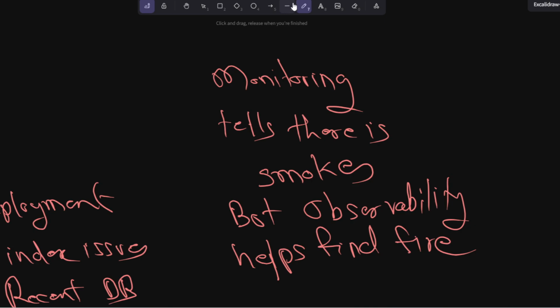So most important: monitoring is about smoke. Observability is about finding the fire. So this is how you remember. Monitoring tells us there is some problem. Observability will give you the complete picture to help find and solve it.